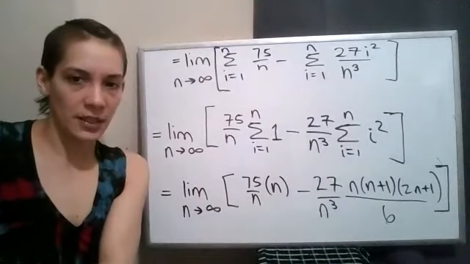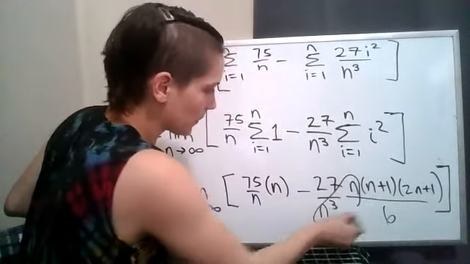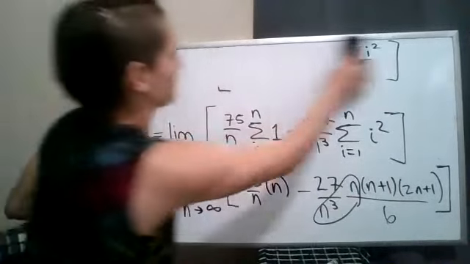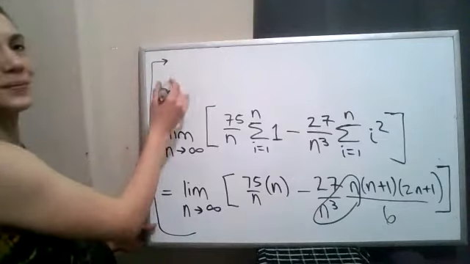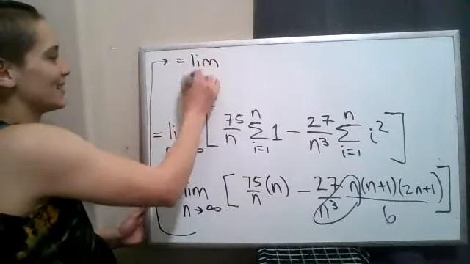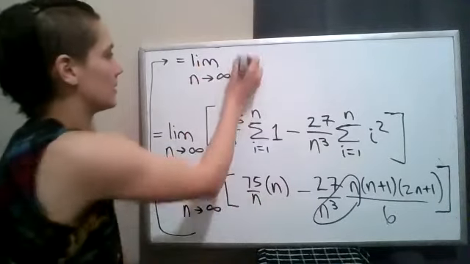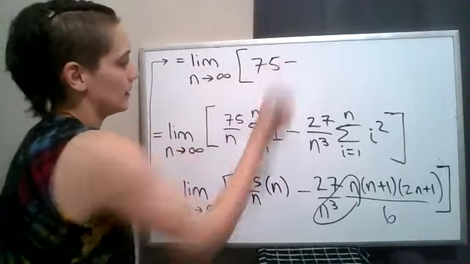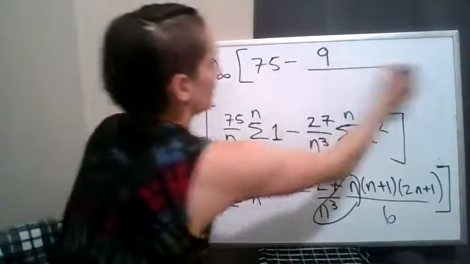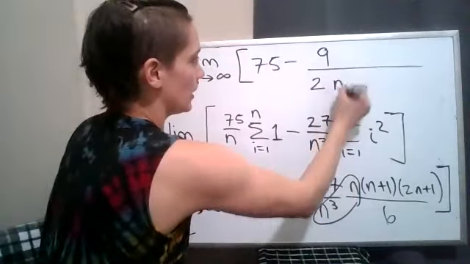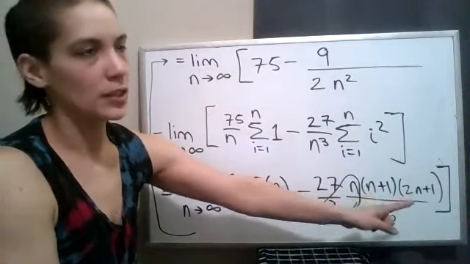And then there's an n squared in the denominator. Simplify this part. Okay, 75 minus 9 over 2. This leaves n squared down here. And then we've got to FOIL n plus 1 and 2n plus 1.